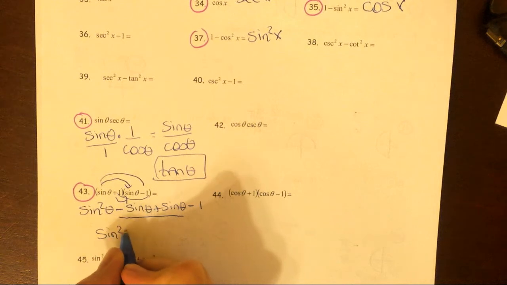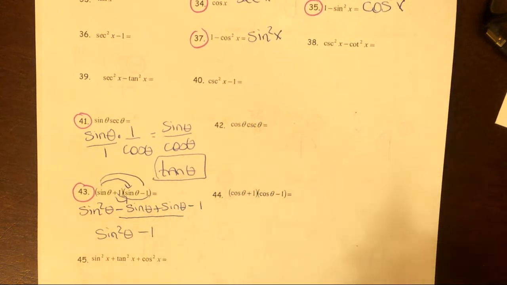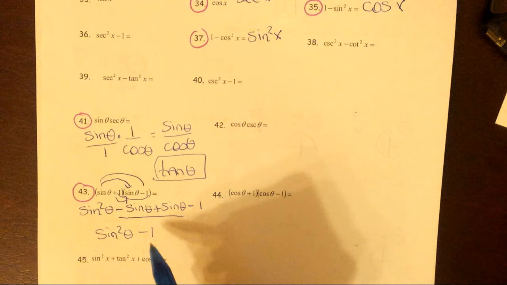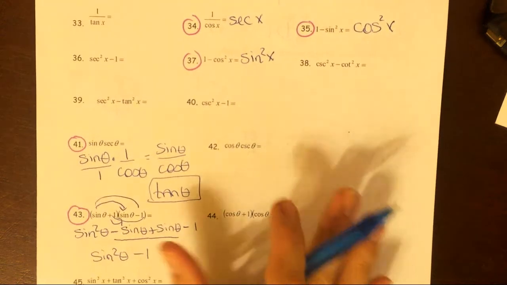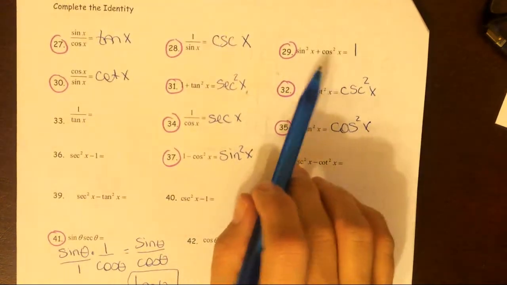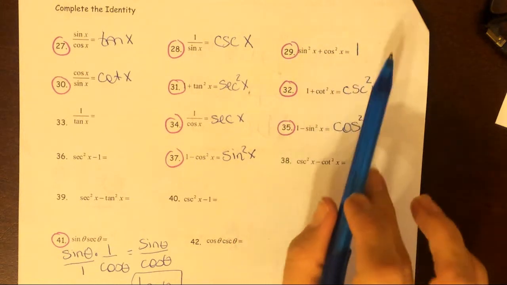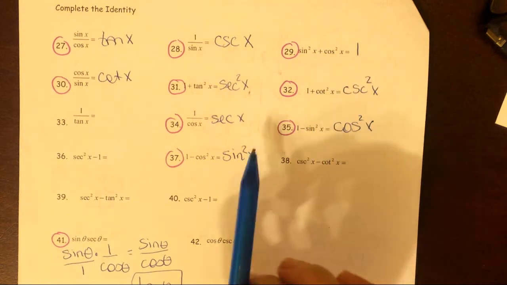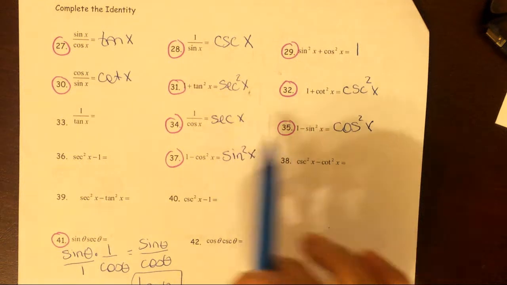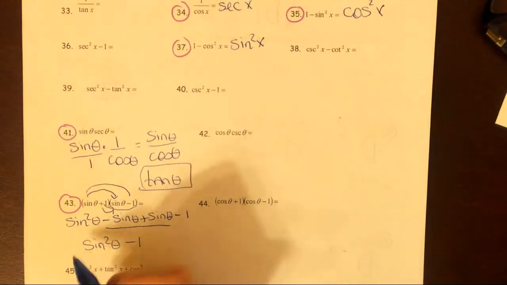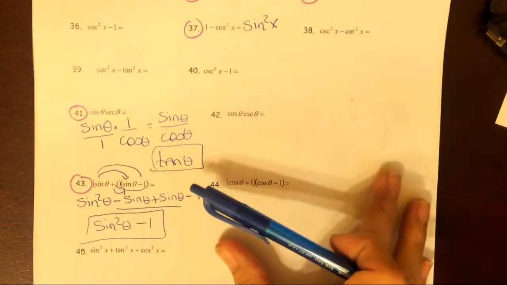And I have sine squared theta minus 1. And sine squared theta minus 1, you're tempted to think that it's one of these, but it's actually 1 minus sine squared, so it's in the wrong order. So you're actually done. You're going to do 44 the same way.